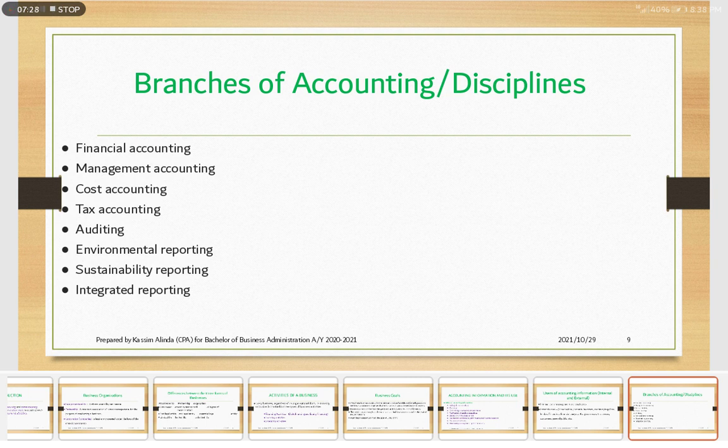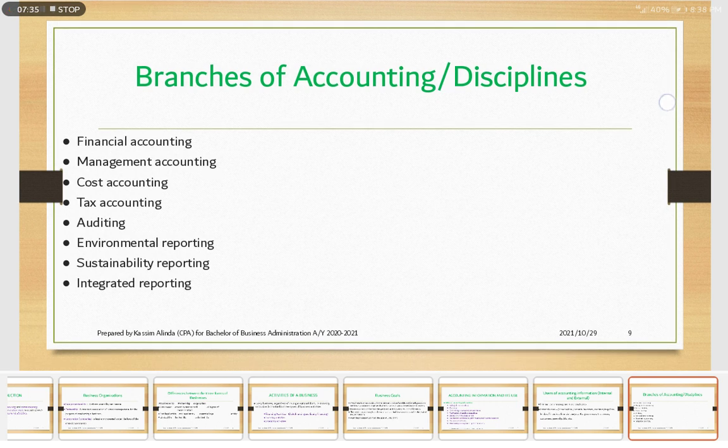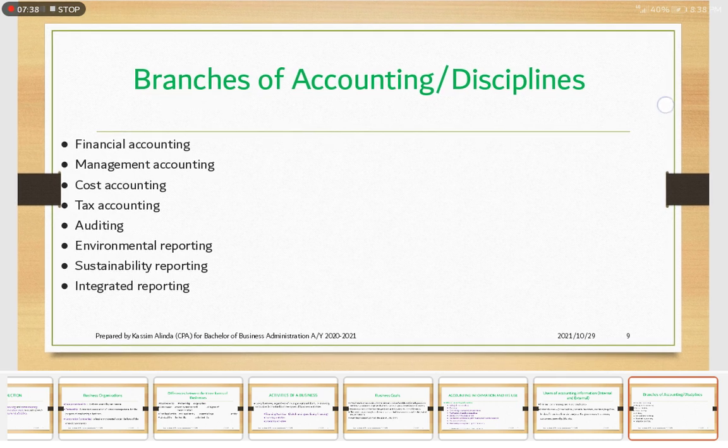When you come to second year and third year, you will study cost accounting and management accounting. For the purpose of our class, we shall mainly focus on financial accounting. Then we have environmental reporting. This focuses on reporting the impact the business has on the environment. As simple as that. And like I said, sustainability reporting involves reporting on the triple bottom line: reporting on people, the planet, and profits.